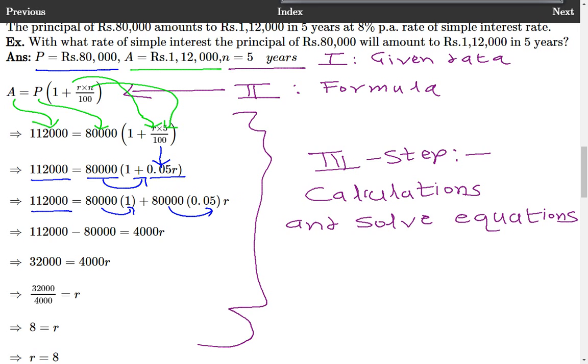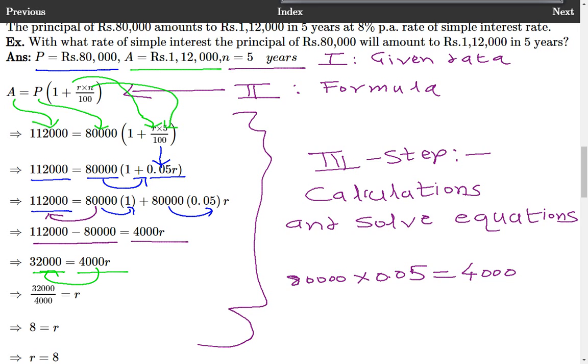After simplification, if you shift this term 80,000 to the left hand side, then it becomes 1,12,000 minus 80,000. Do the calculations on your own and verify that 80,000 into 0.05 equals 4,000. So this is 4,000 R. So 32,000 equals 4,000 R, and if you take 4,000 to the left hand side, it becomes 32,000 divided by 4,000.